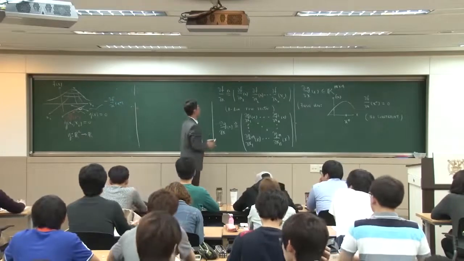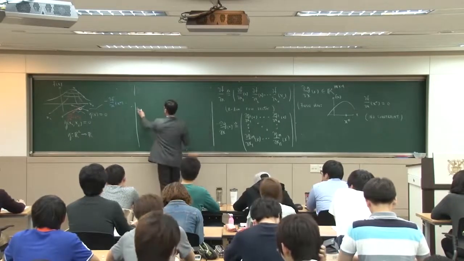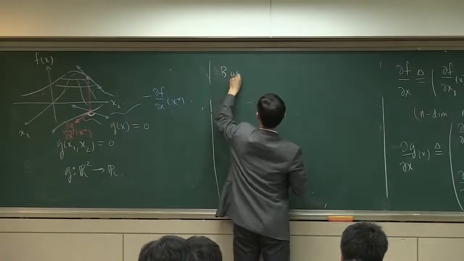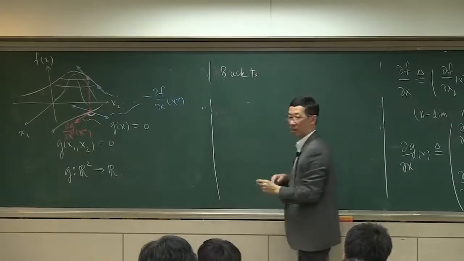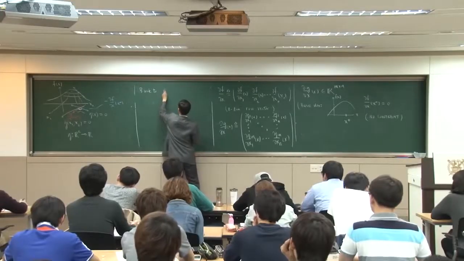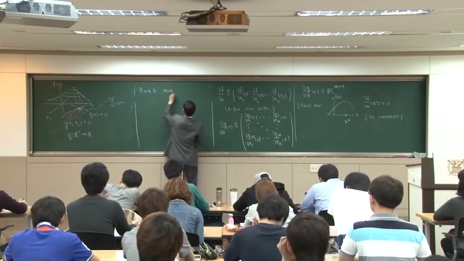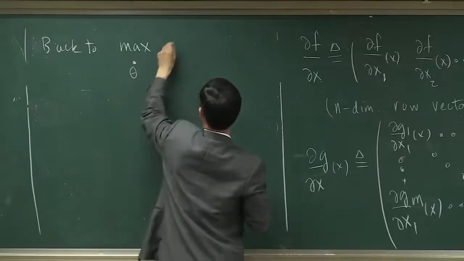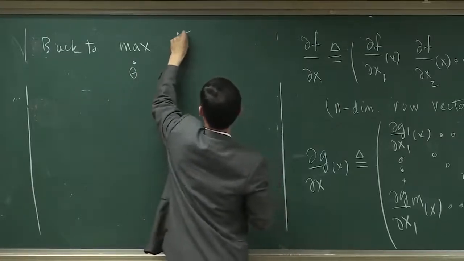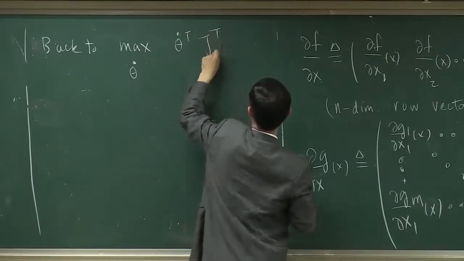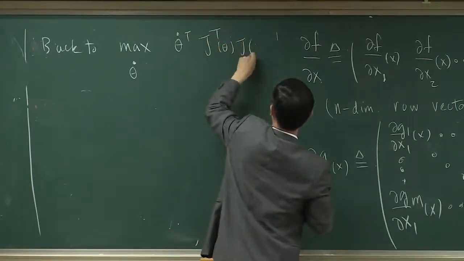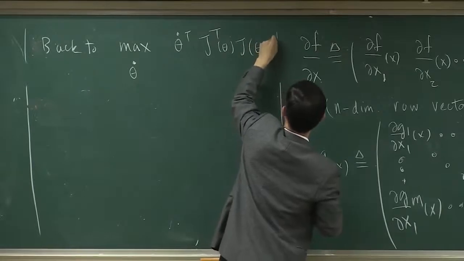All right, so let's go back to our problem, which was max with respect to theta dot of theta dot transpose j times theta dot.